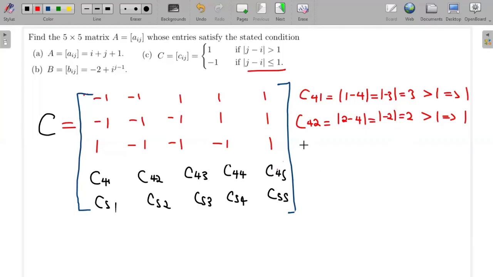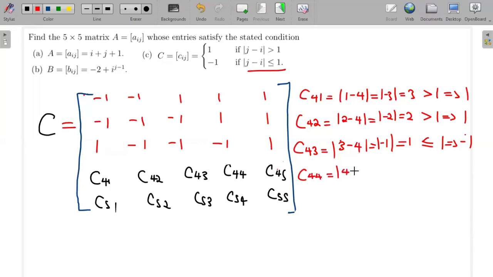Okay, the next one is C43, which will be equals to 3 minus 4. So modulus of minus 1, which will just be 1. 1 is less than or equal to 1, so the answer there is minus 1. What about C44?